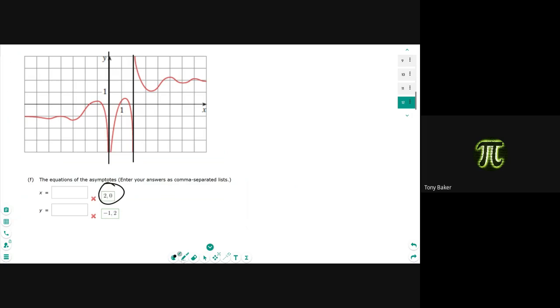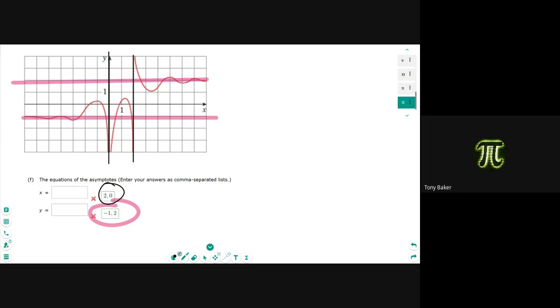The horizontal asymptotes we're looking at as it's going to infinity. And those would be the 2 horizontal asymptotes. And that's the -1 and positive 2. On the x, yeah.